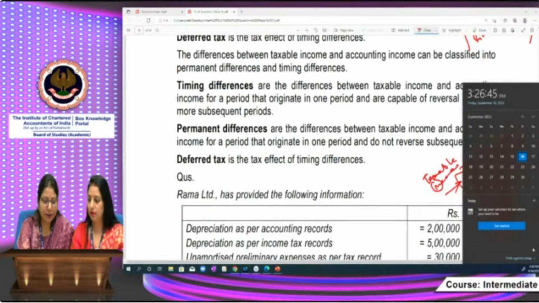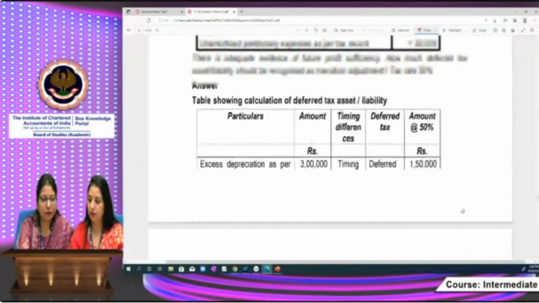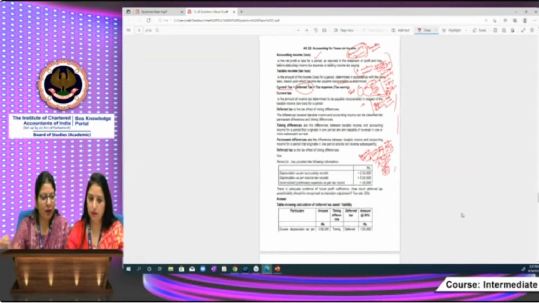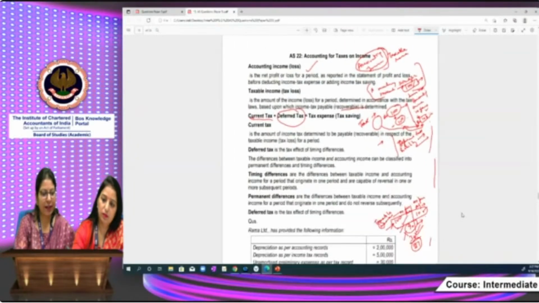where we are given that there is depreciation as per accounting records of 2 lakh and depreciation as per income tax records of 5 lakhs.